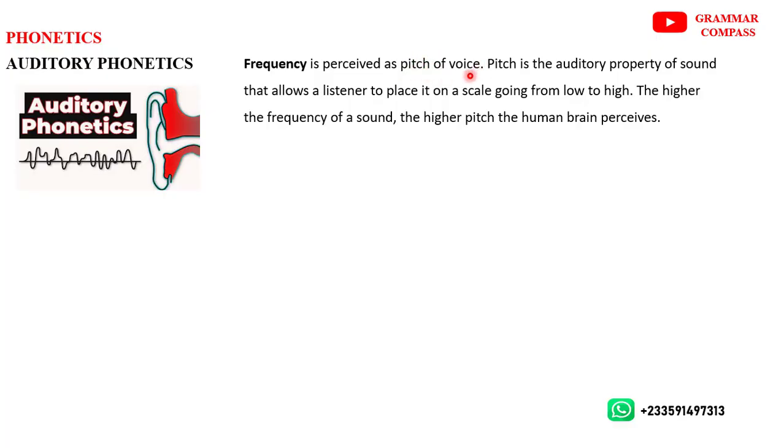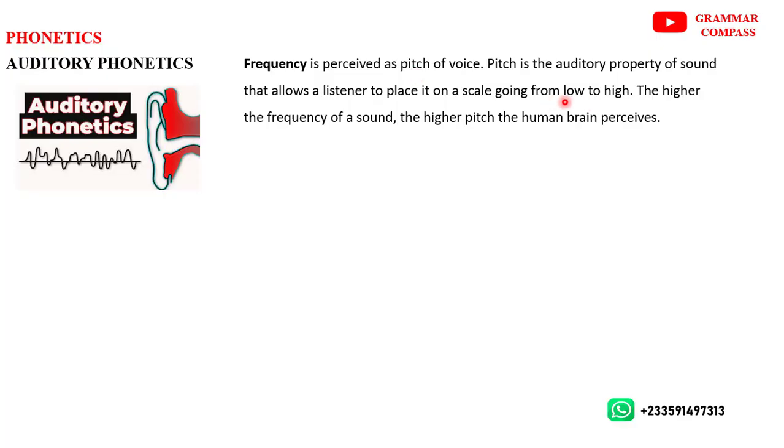But what is the meaning of pitch? Pitch is the auditory property of sound that allows a listener to place it on a scale from low to high. So due to the frequency, you can have low pitch or high pitch. In auditory phonetics, when frequency reaches the ear, it is perceived as the pitch of the voice.